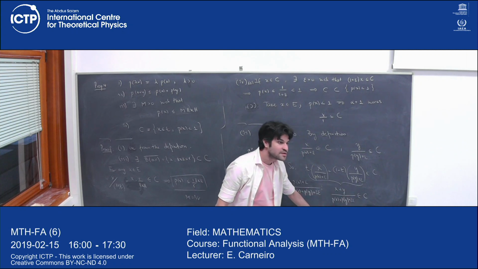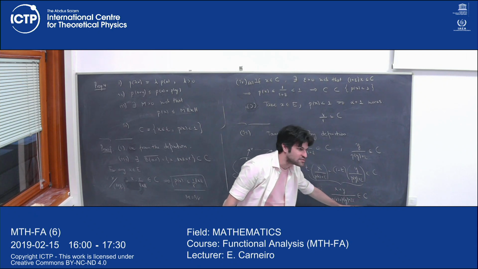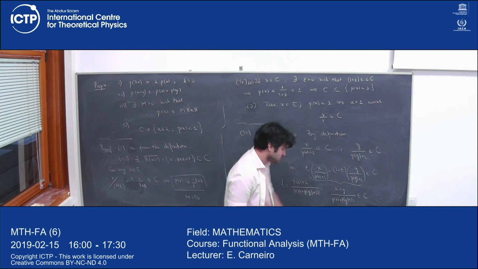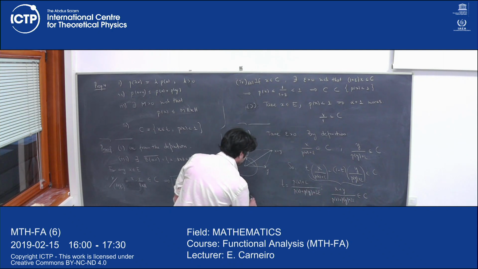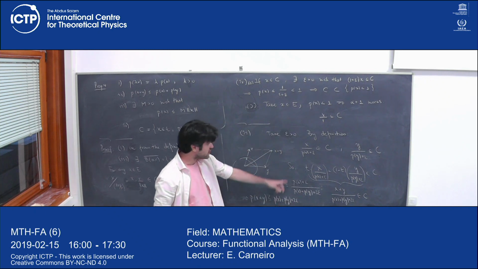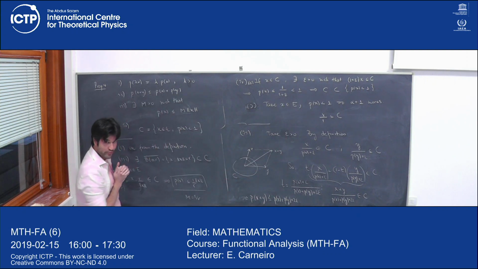This belongs to C. So X plus Y divided by somebody belongs to C. So this means that the P function at this point has to be less than this somebody. So P of X plus Y is less than or equal to P of X plus P of Y plus 2 epsilon. Since this holds for any epsilon that I took in the beginning, this must be true.